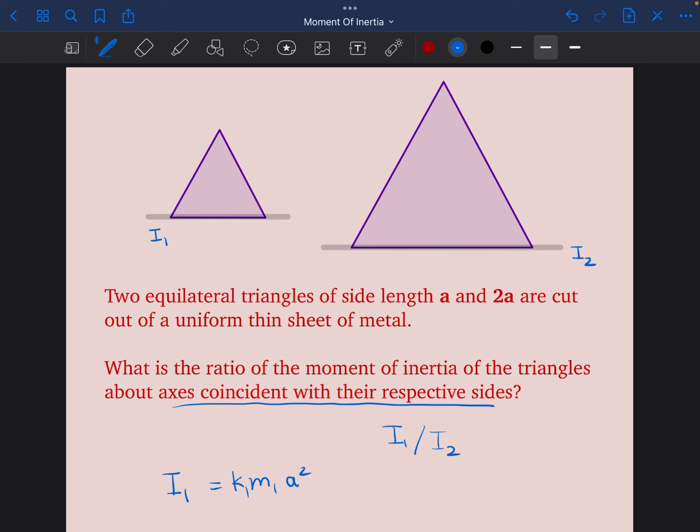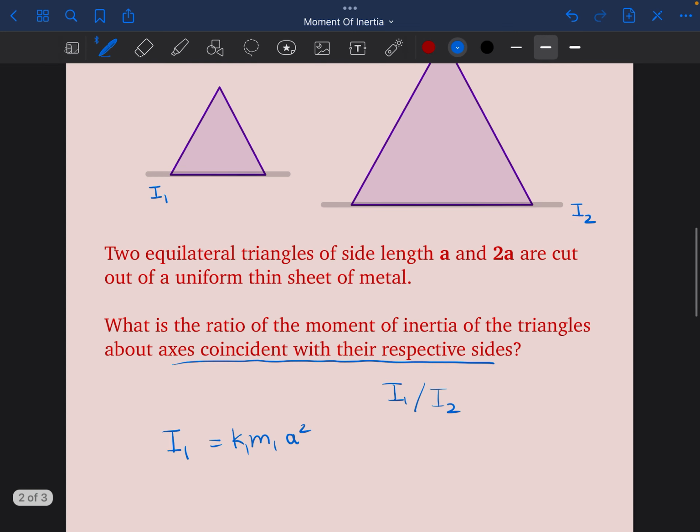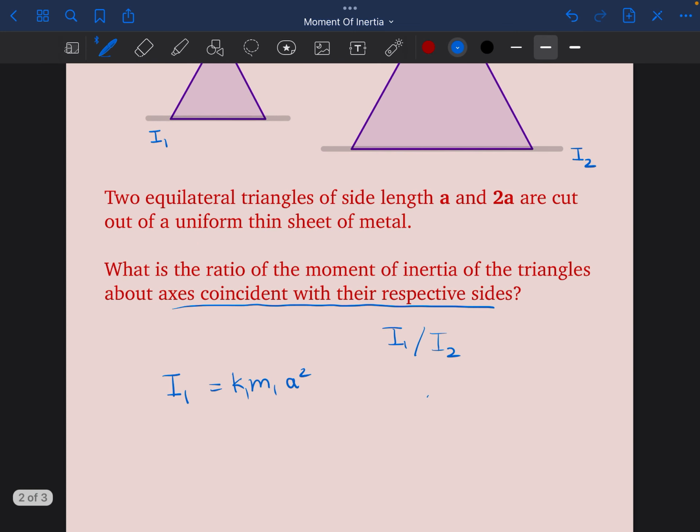For example, if we have a uniform solid cylinder and we are finding the moment of inertia about its axis, and the radius is r, then that moment of inertia is half mass times r square. So it's a solid cylinder. Moment of inertia is half times mr square.